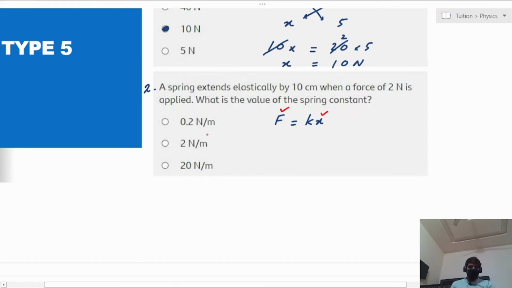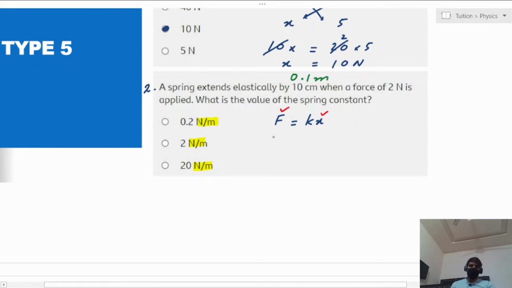Now, one thing that you have to realize is all the answers are with the unit Newton per meter. And the extension that they have stated in the question is in centimeter. So you have to convert centimeter into meter. So it would be 0.1 meter.